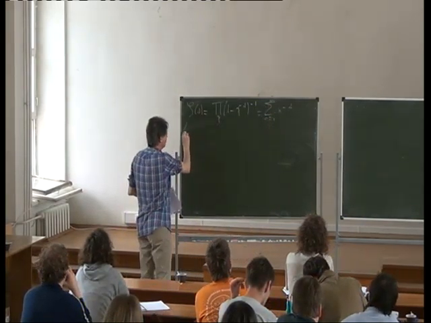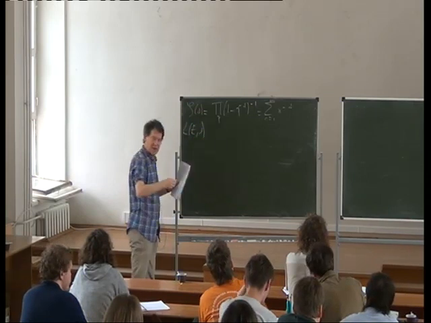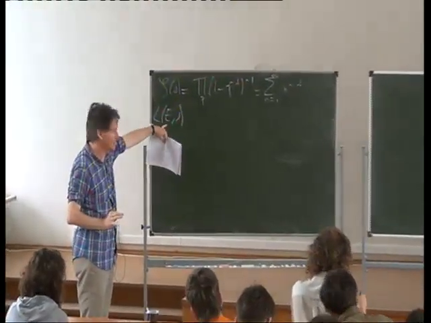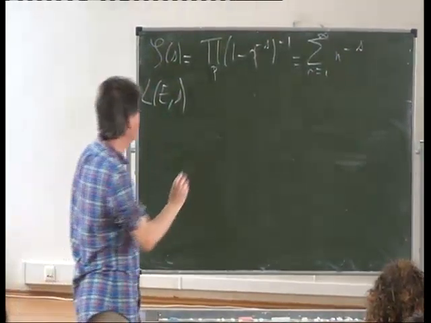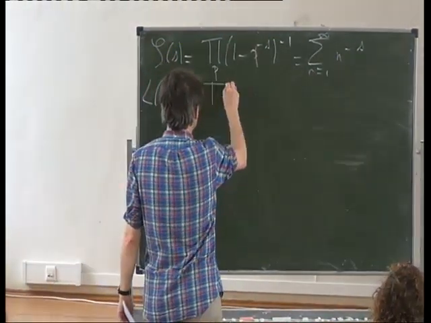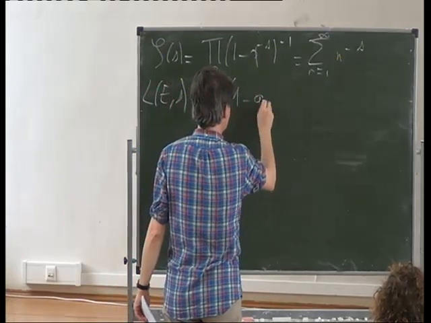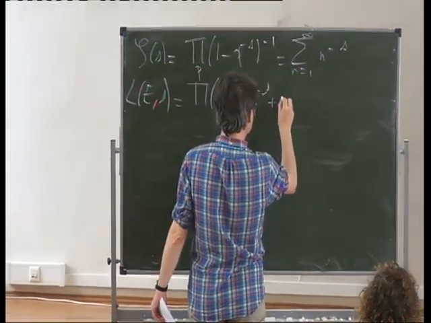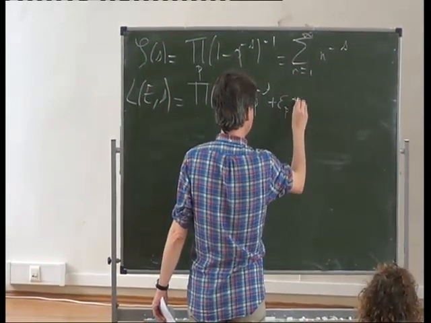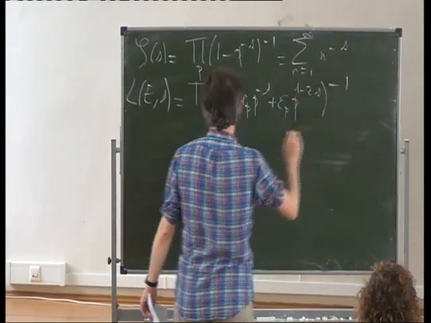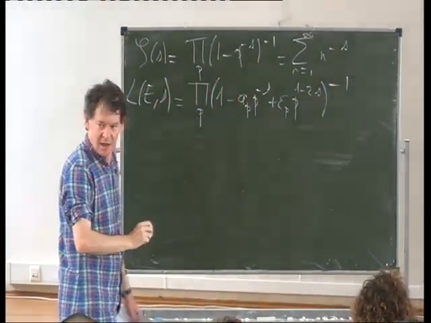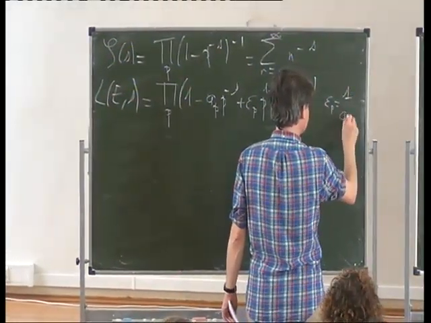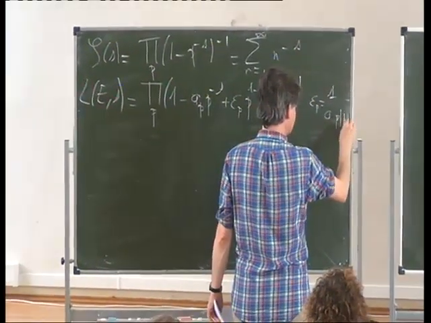And the other function that I have introduced, many more functions, but the only one that I have fully detailed is this one, the L function associated to an elliptic curve over the rational numbers, which you can write as a product of 1 minus a_p p^(-s) plus, well, I will write it like this, epsilon_p (1 - p^(-s))^(-1), the product over all p, and epsilon_p is 1 in general and 0 if p divides the conductor.